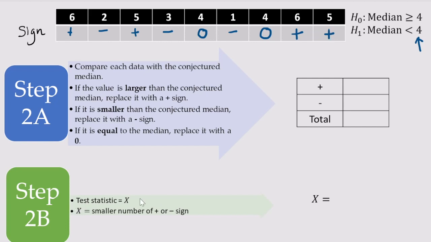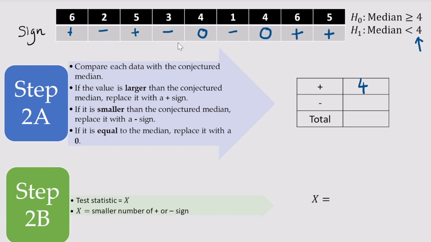To determine the test statistic, or X, we look for the smaller number of either the positive or negative signs. So how many positive signs are there? We have 1, 2, 3, 4. 4 positive signs.